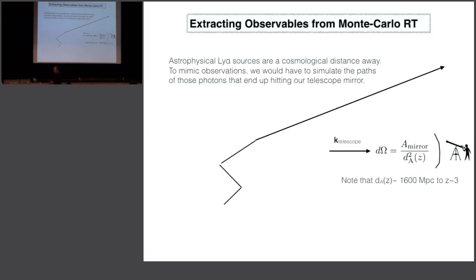Now there's one subtle thing that I'll briefly talk about before moving on to polarization, and that is, generally speaking, if you have a random gas distribution and you're following your Lyman-alpha photons through it as they're scattering, it's actually not entirely trivial to get observables from this. The idea is that you're simulating Lyman-alpha transfer in a source that is a cosmological distance away, right?